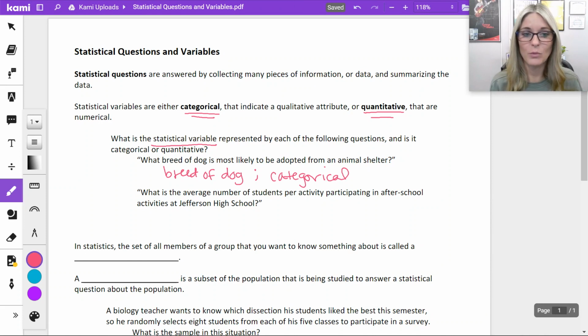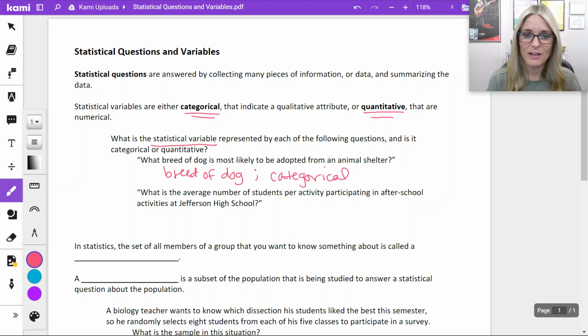The second question, what is the average number of students per activity participating in after-school activities at Jefferson High School? If I asked you that, what kind of answers are you going to give me? What is the average number of students per activity participating? You're going to tell me a numerical or quantitative. What is that variable that I'm looking for?